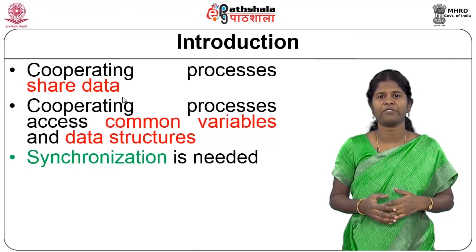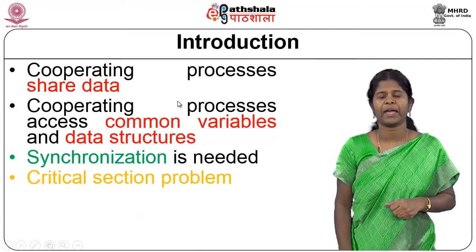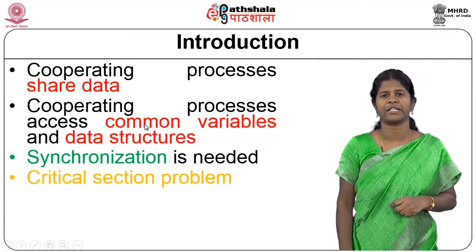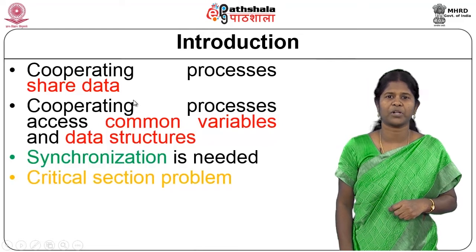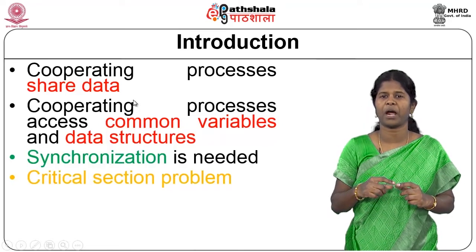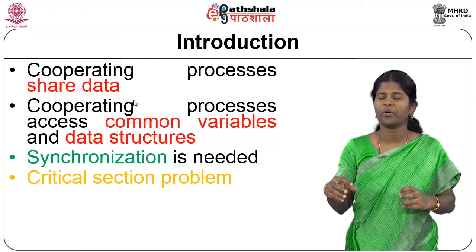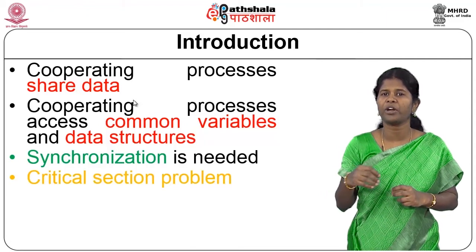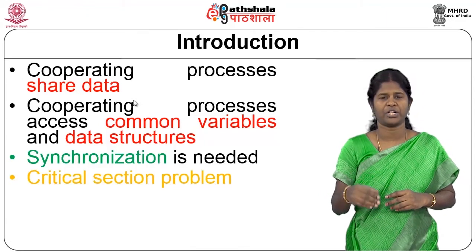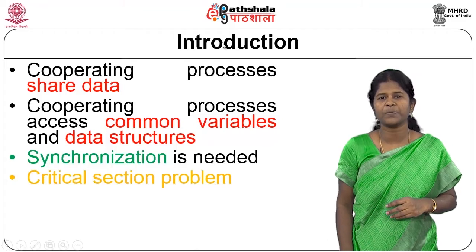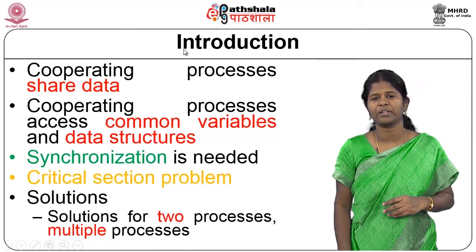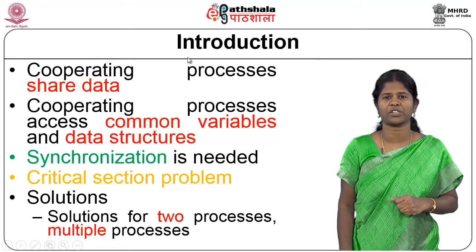And comes this critical section problem, because each process has got its own critical part of code which it needs to execute, and that part of code is the one that will be modifying or manipulating the shared data. So, this problem has to be solved and there are a number of solutions for the critical section problem.